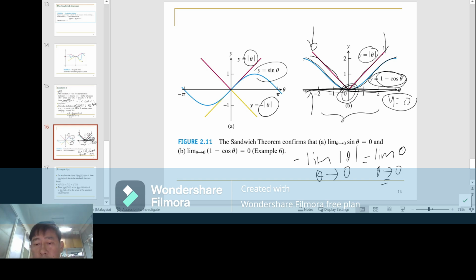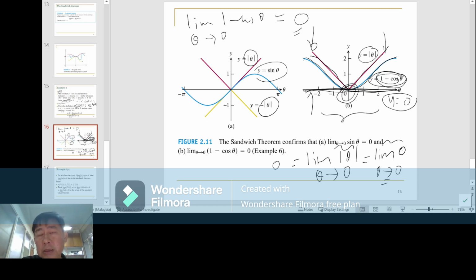So both functions have limit 0 at the point theta equals 0. So by virtue of the sandwich theorem, the limit of 1 minus cos theta as theta tends to 0 is proven to be 0. This 0 is the common limit of the upper function and the lower function, okay?